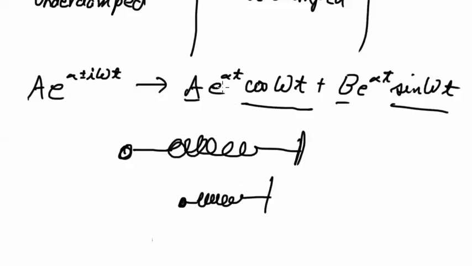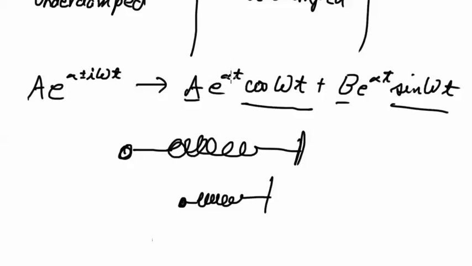So probably we'll use one or the other, not both. Anything in between, for instance if we assigned both an initial velocity and an initial position, we would use both the cosine omega t and the sine omega t.